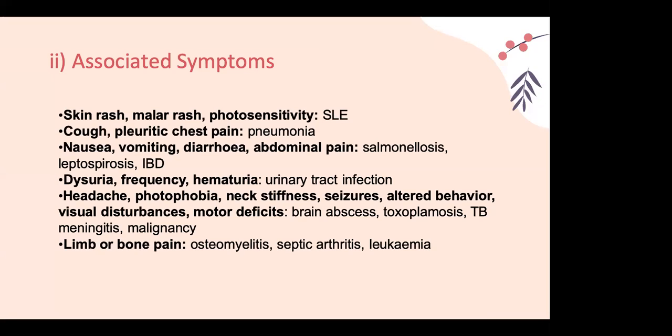However, not all of the children will have lower urinary tract symptoms. And then ask for any neurological symptoms to rule out brain abscess and toxoplasmosis. And for limb or bone pain, as has been explained by the previous presenter, that can be due to osteomyelitis and septic arthritis.